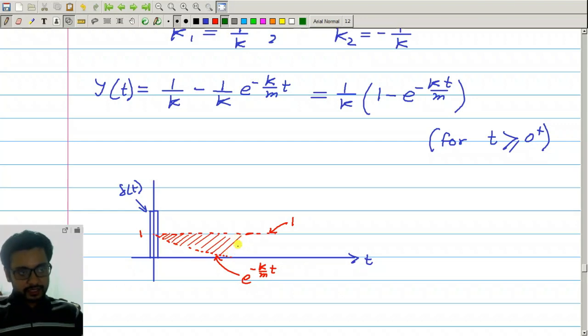Finally it gets a steady constant value like this, 1. So y will be initially 0 and then it will increase and become 1, and then we have 1 over k multiplied. So if you multiply that with 1 over k, that function may look like this.